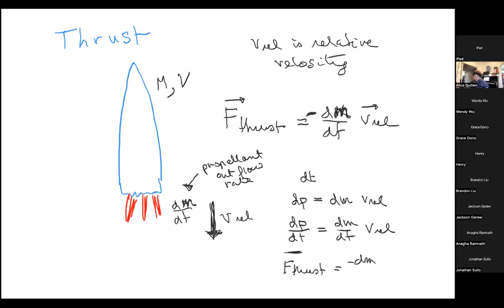Why is the mass changing at all? The idea is the rocket is expelling something, like it's burning something and gas is coming out. If you burn something, gas can come out at a high velocity and you don't use too much mass.